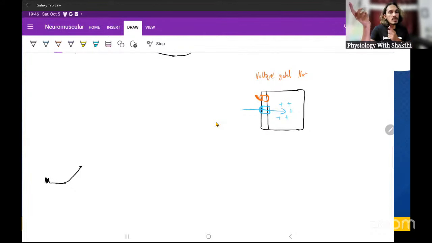Now, voltage gated sodium channels open means more sodium is going to come in, which means more positively charged ions are going to come in, which means the membrane is going to be more above your threshold level, which means more voltage gated sodium channels keep getting opened up. And this is an example of positive feedback reinforcement.